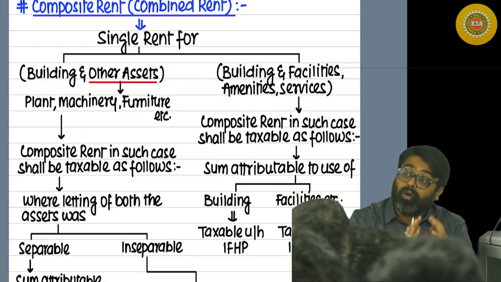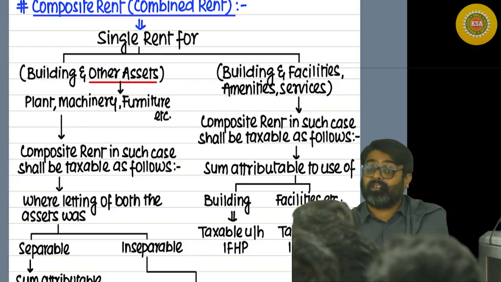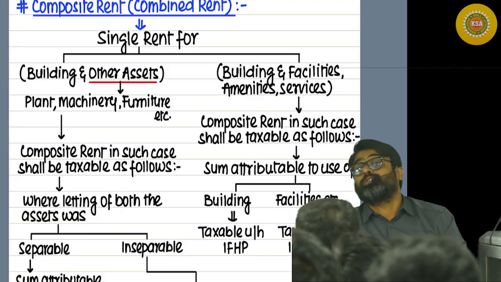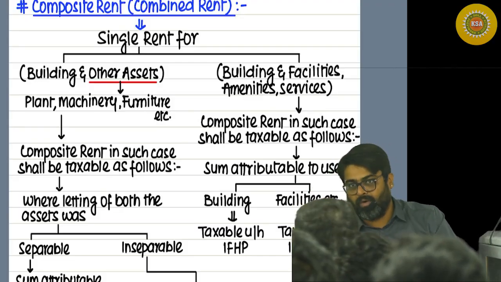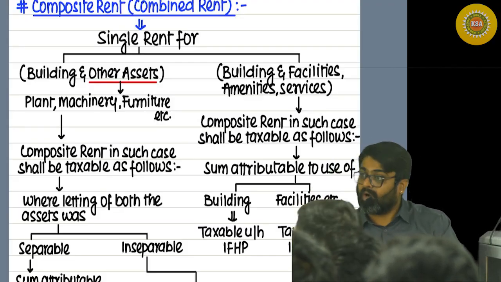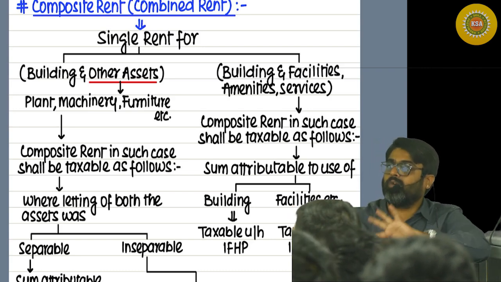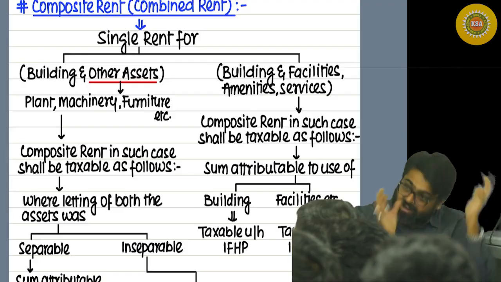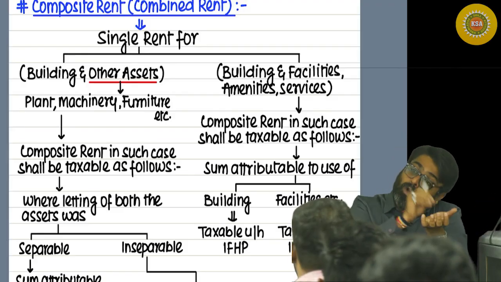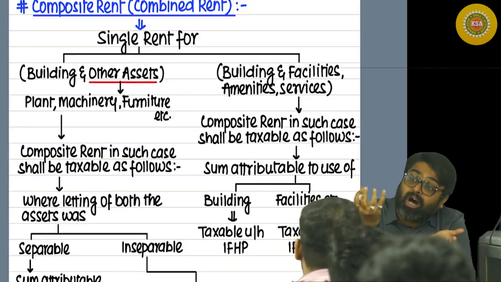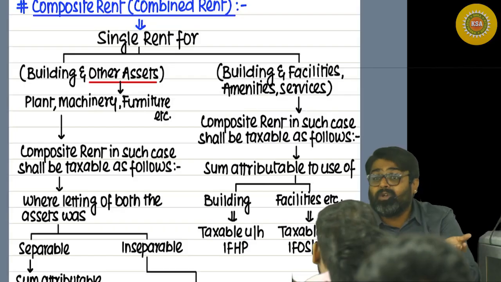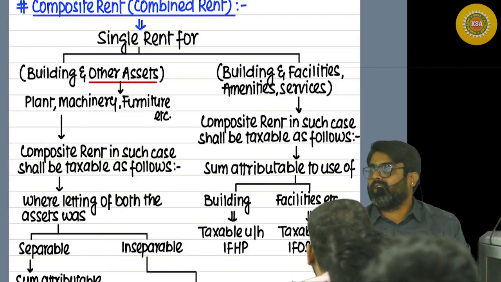Understand? If the building is given with facilities, the cost of those facilities will be met by you. So definitely the cost of those facilities which you are meeting, you are going to recover that cost also along with the rent. So whatever rent is coming to you automatically includes the cost of the facilities.